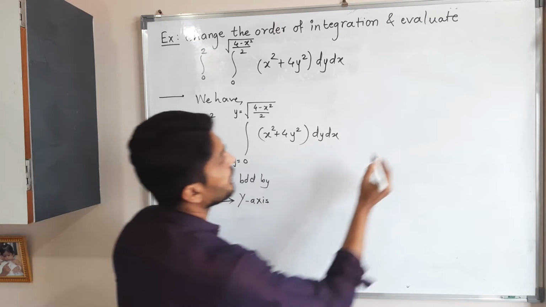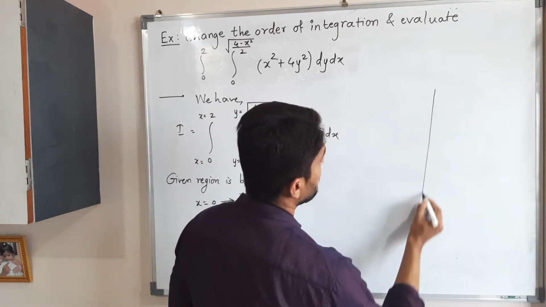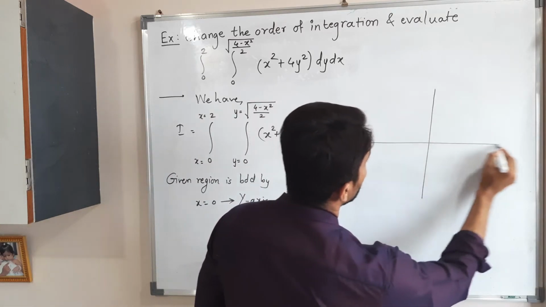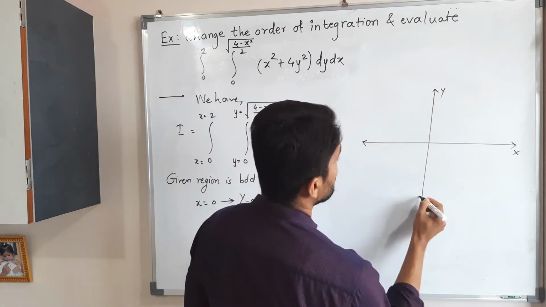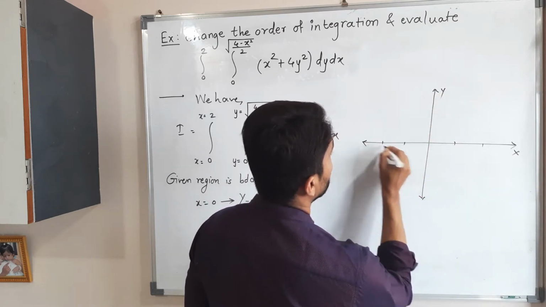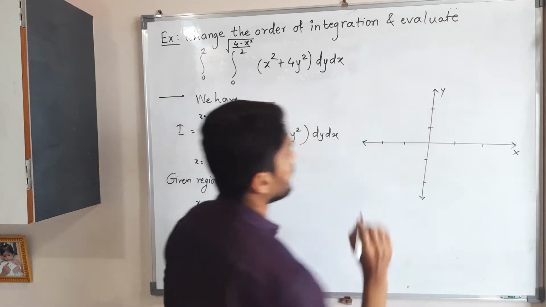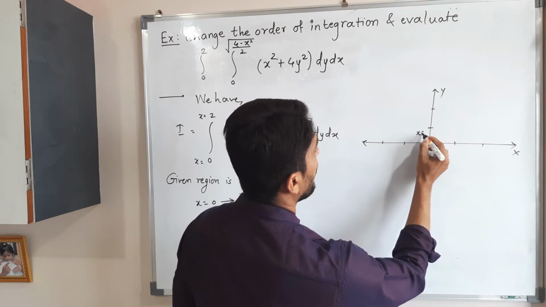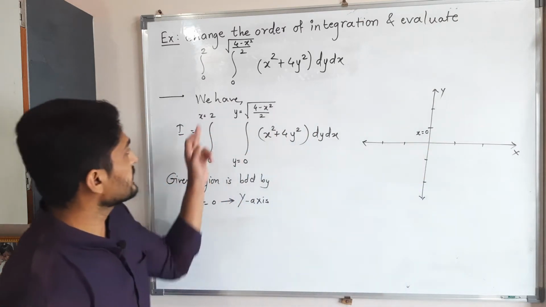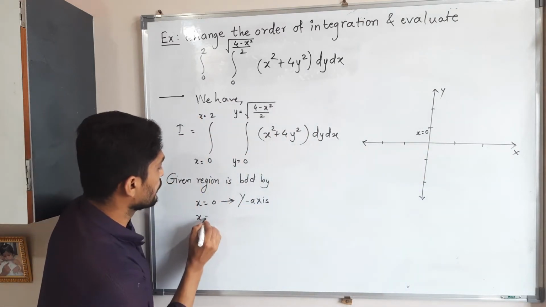I will draw a small diagram here so we can easily understand what we are doing. So this is the x-axis and this one is the y-axis, right? A small scaling I will write here. So x is equal to 0, the equation of the y-axis. What is the second equation? x is equal to 2.